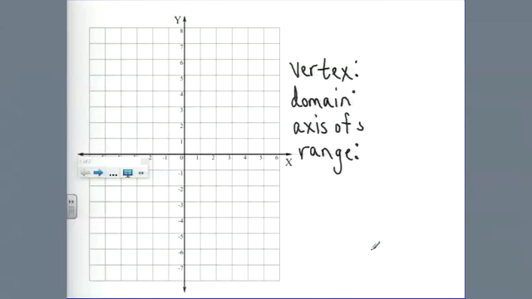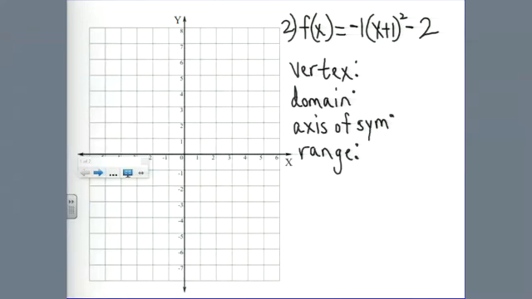Okay, the next parabola we have is f of x equal to, in parentheses, there's a negative 1 on the outside, sorry, times, in parentheses, x plus 1 quantity squared minus 2. And we need to find all of the characteristics of this parabola and graph the parabola as well.